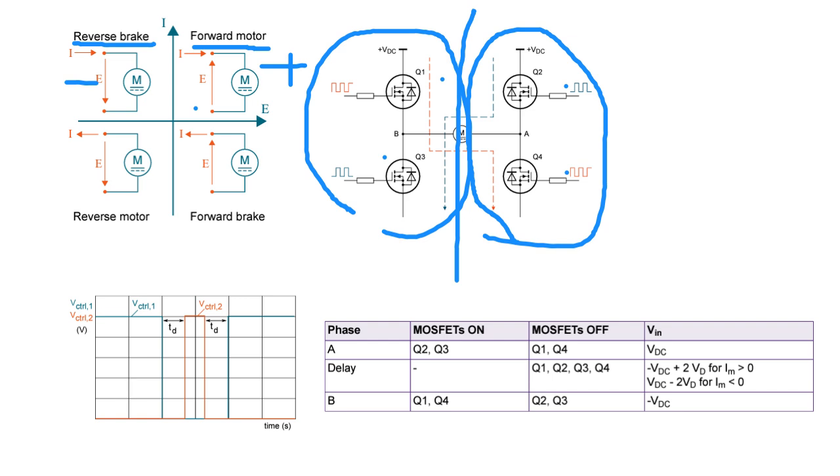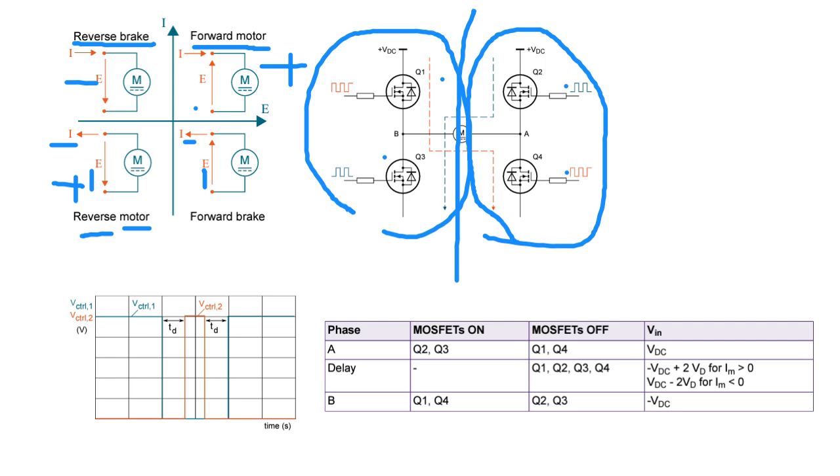Also here current minus, voltage minus, minus times minus will be plus, so it means that it's a motor but in reverse. Here current minus, voltage plus, minus times plus is minus, it means that it is a brake.